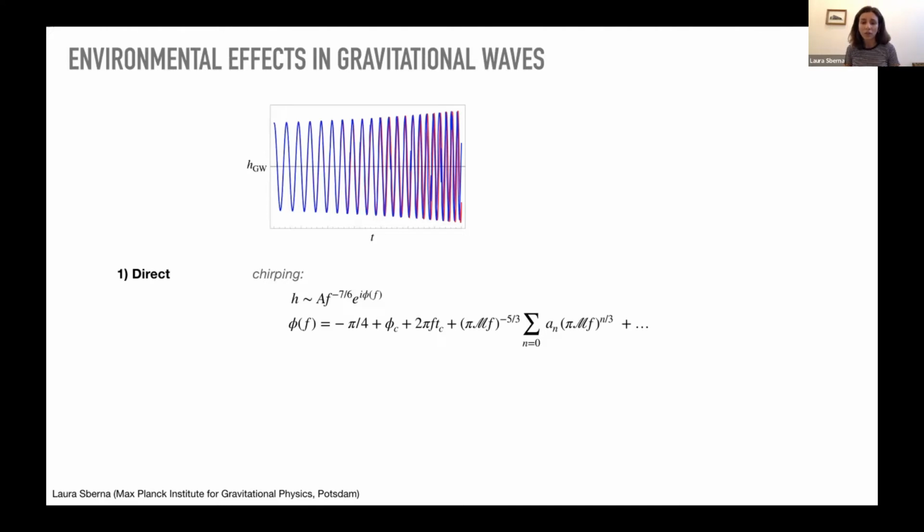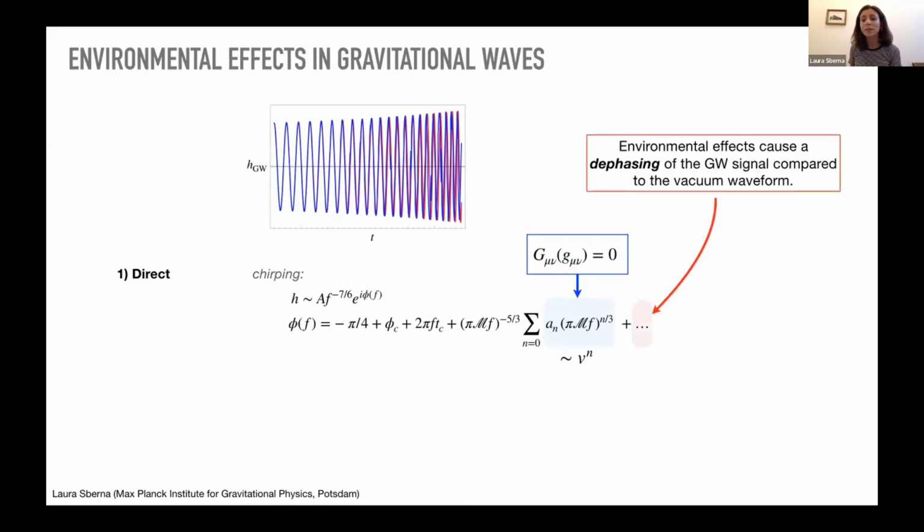So if you have in mind a chirping source, you can look at the phase of the gravitational wave signal as a function of frequency. We know that Einstein's equations in vacuum predict a certain frequency dependence of the phase. In particular, you can expand the phase in a post-Newtonian expansion in powers of the velocity, assuming the velocity is small. Environmental effects can produce different ways in which the phase depends on the frequency, so you would have new terms in this expansion.